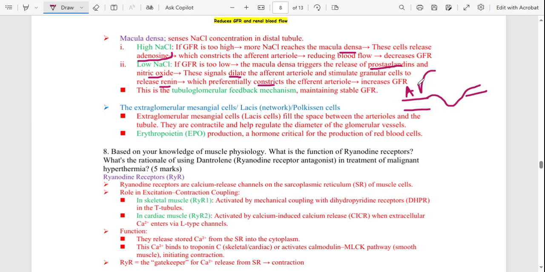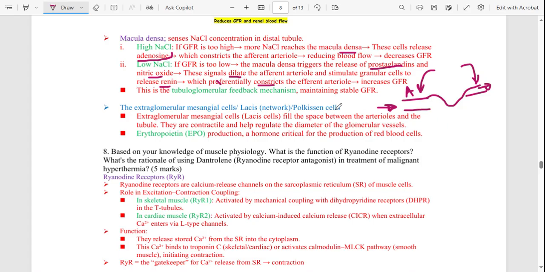So instead of the afferent only dilating alone, the efferent is going to constrict more, so that a lot of blood is coming in but little is leaving. And you are now bringing a lot of salt to the kidney, so that will increase the glomerular filtration rate.